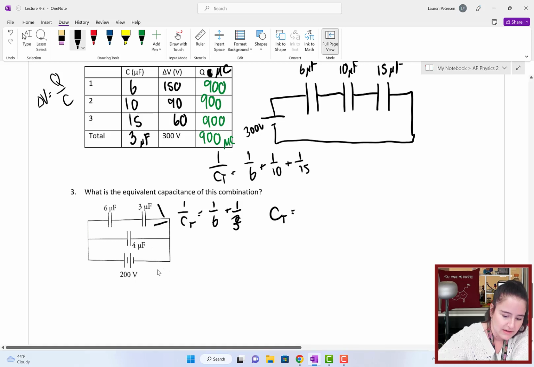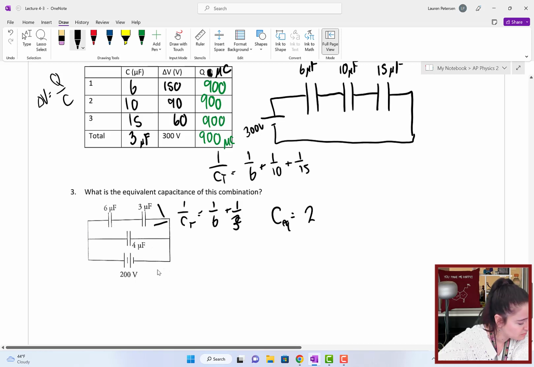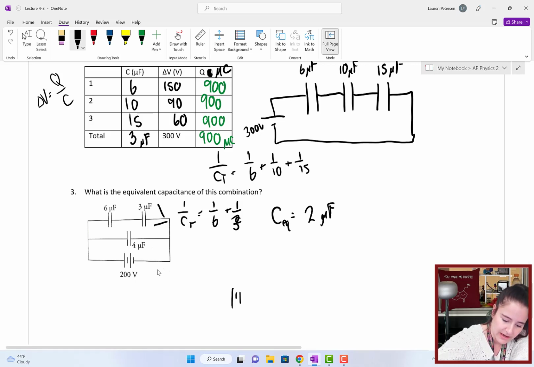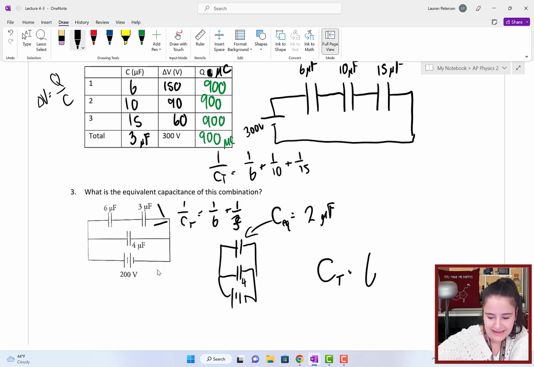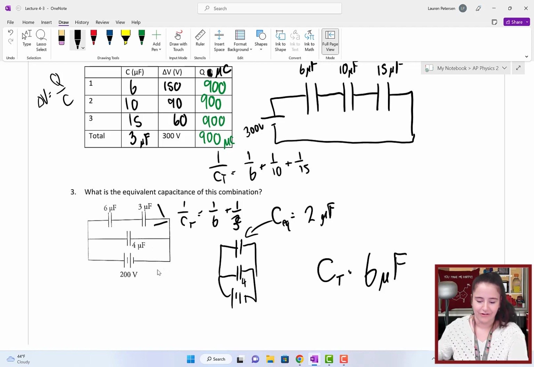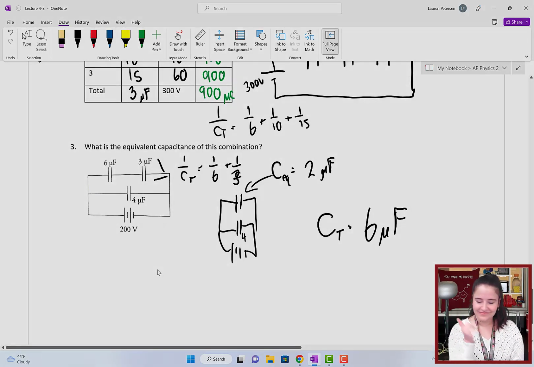So that equivalent capacitance is going to be 2 microfarads. So in our circuit, we got that battery and the 4 microfarad one and the combined 2 microfarad one. So the total capacitance is 6 microfarads. And that's it for capacitance. Okay, cool.